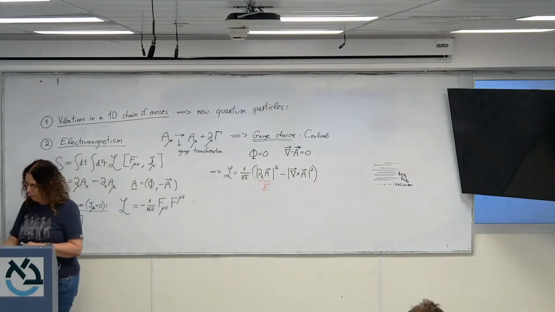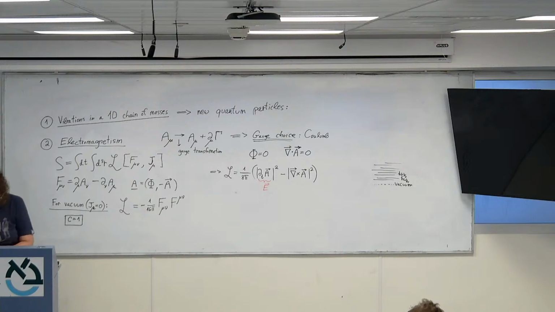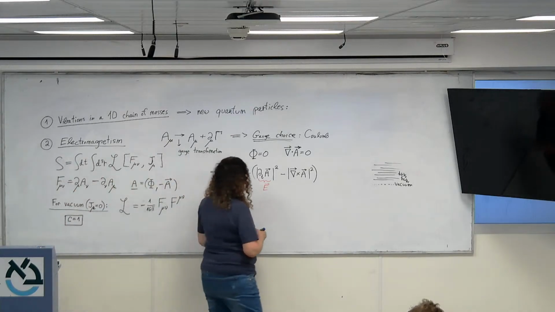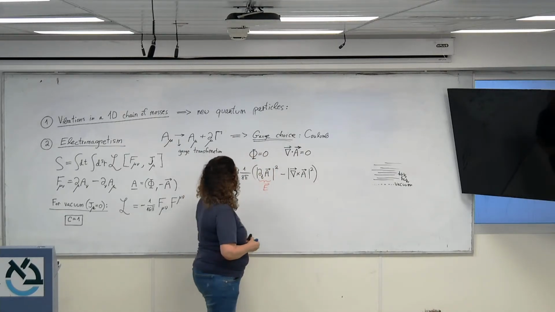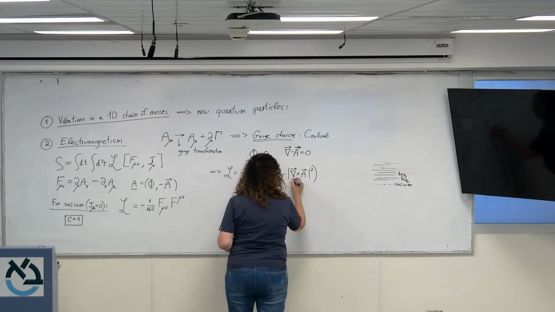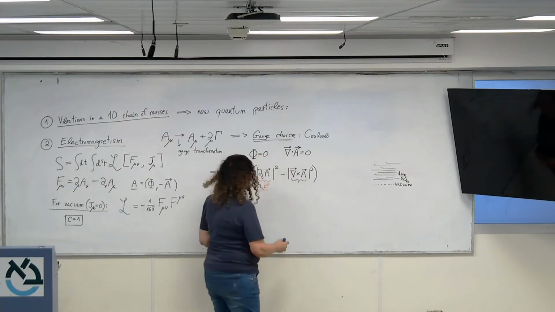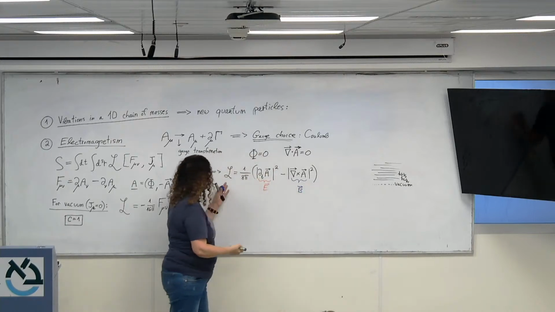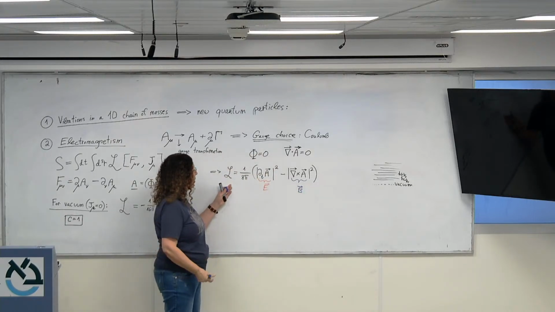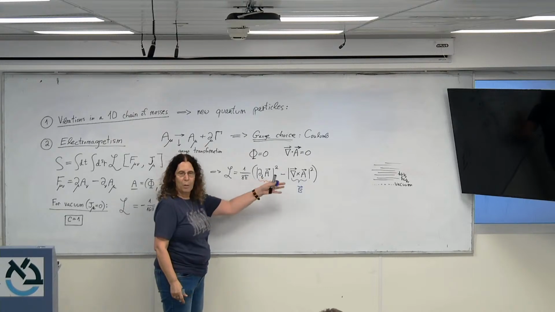That is given in the special case that there is no electrostatics, so this is just from Faraday's law. And what is this? The magnetic field. So what I actually have here in the Lagrangian is nothing but E squared minus B squared.